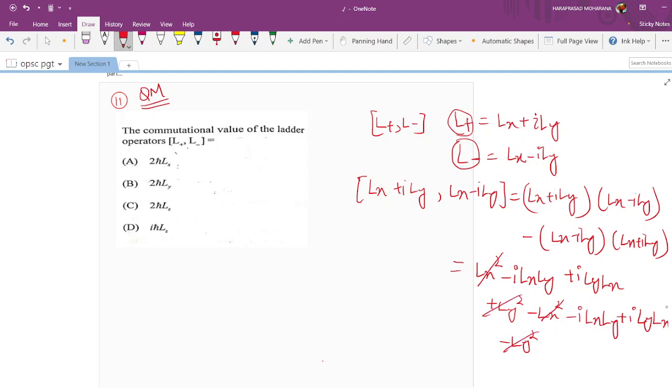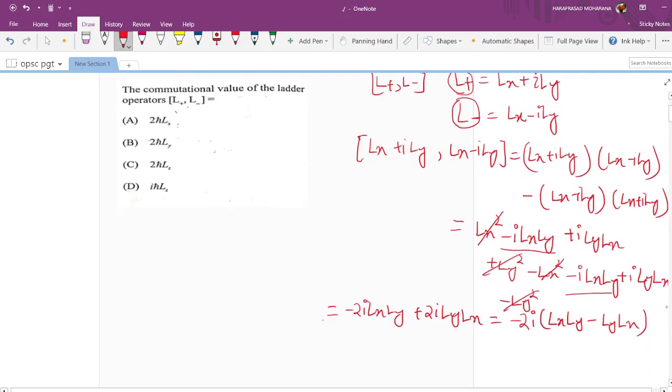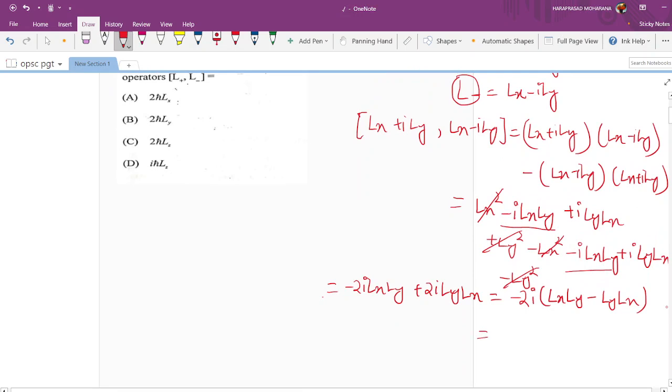So we are getting minus iLxLy and minus iLxLy, so minus 2iLxLy. Similarly, plus 2iLyLx. Now you can see I can take minus 2i outside, so I am getting LxLy minus LyLx. And this bracketed term, if you remember, we have seen this as the commutation of Lx and Ly.